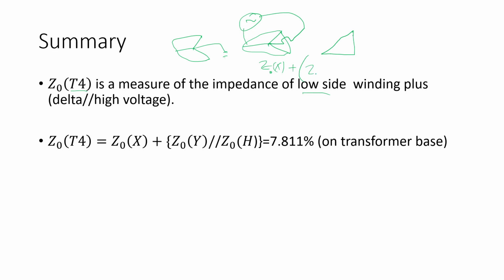The high voltage is in parallel with the zero sequence of the delta, or stabilizing winding, or Y. So that's what I'm writing here. This number I already calculated, so it's on the transformer base.